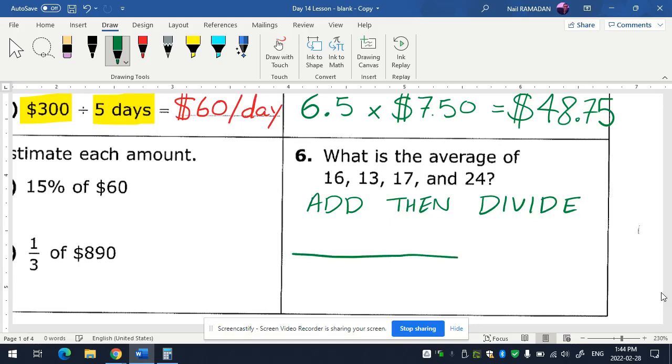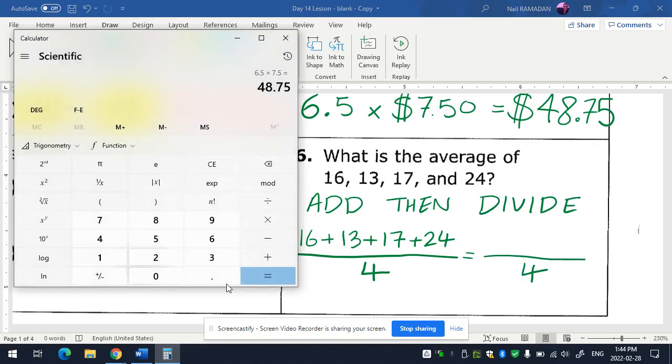You can just make a long fraction. On the top, you can just say 16 plus 13 plus 17 plus 24. And at the bottom, in the center, just put 4, because it's 4 things. Let's see what kind of total you got. 16 plus 13 plus 17 plus 24.